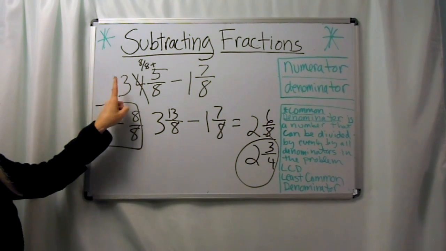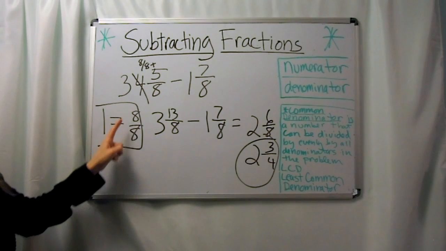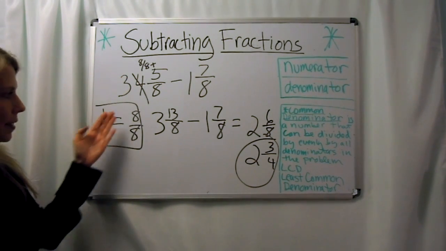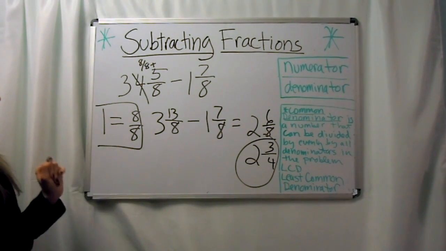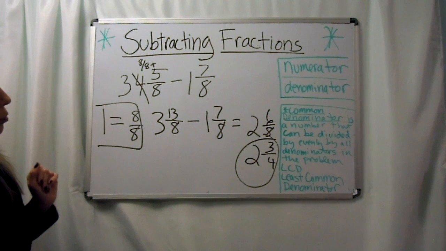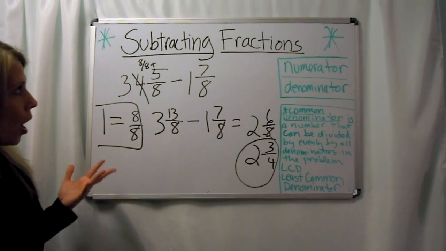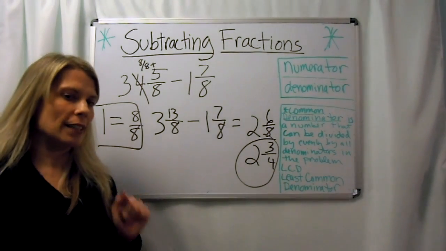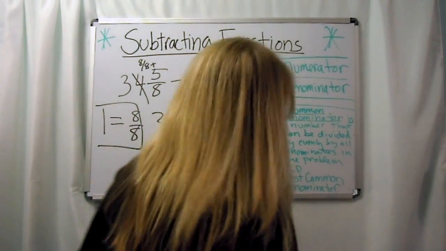We're borrowing 1 from here, and we're converting that 1 to 8/8 so we can add it to this, because anything divided by itself is 1. This is the thing that tends to trip people up, the borrowing when we subtract fractions. Like I said, that's the one thing that's a little bit tricky with subtracting that we didn't have to deal with in addition.